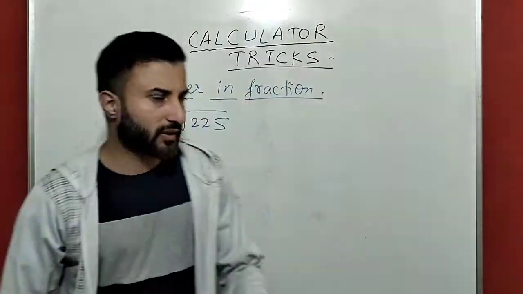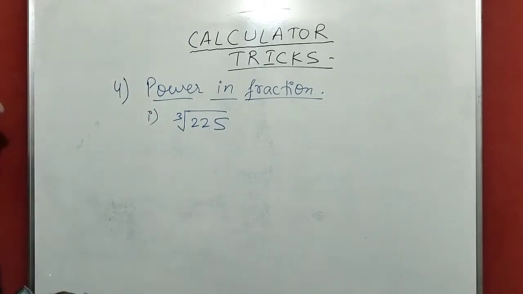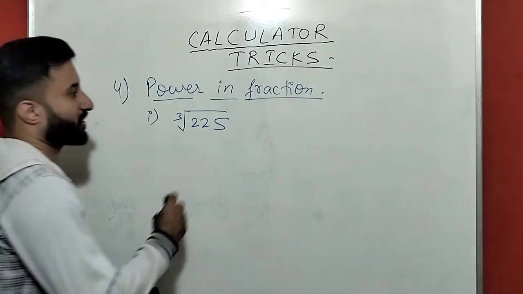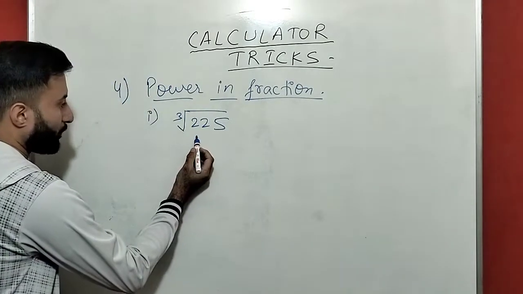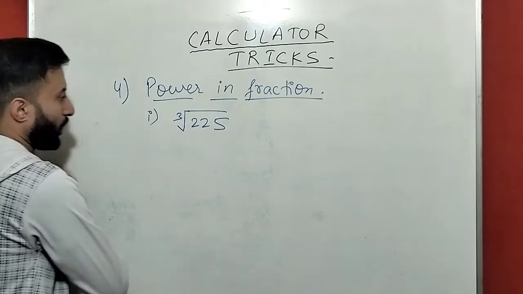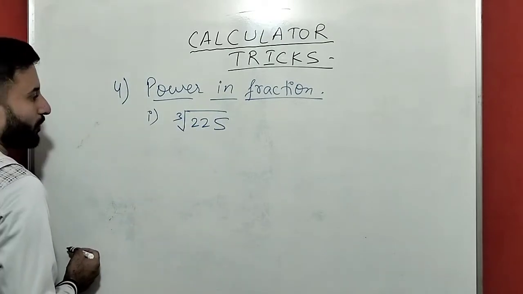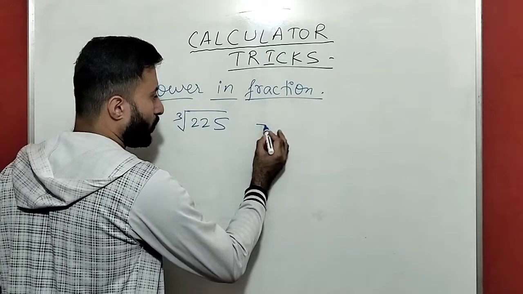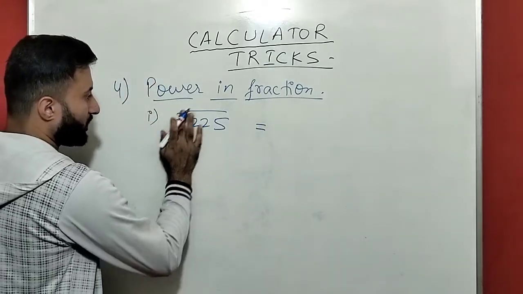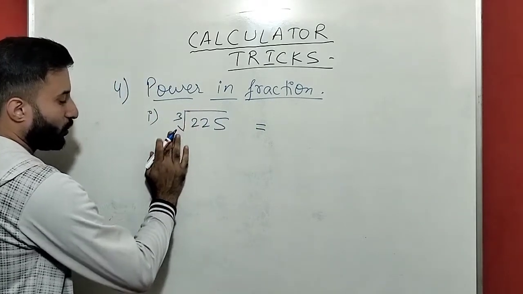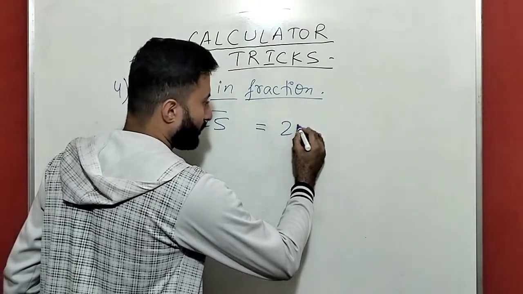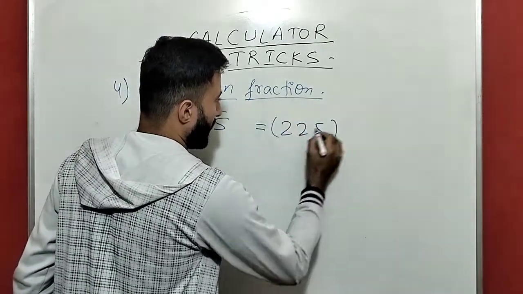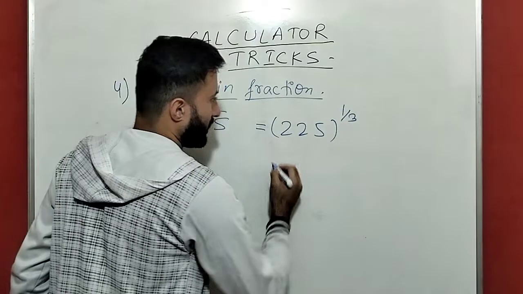Okay, so now the topic is power in fraction. When the power is given in fraction, for example, if you have to find the cube root of 225, if we remove the cube root, the power will become 225 power 1 by 3.